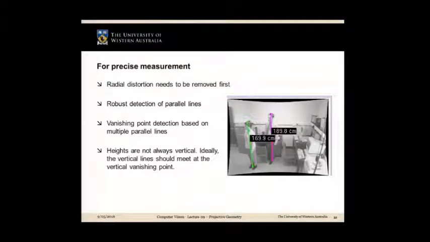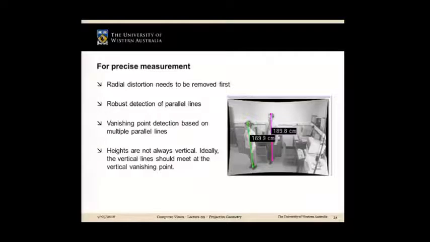Now, coming to the measurement of height. The first step is that radial distortion needs to be removed first. What does that mean? There should be lines and no curves, right? Because in measuring a height, you need a line, not a curve.